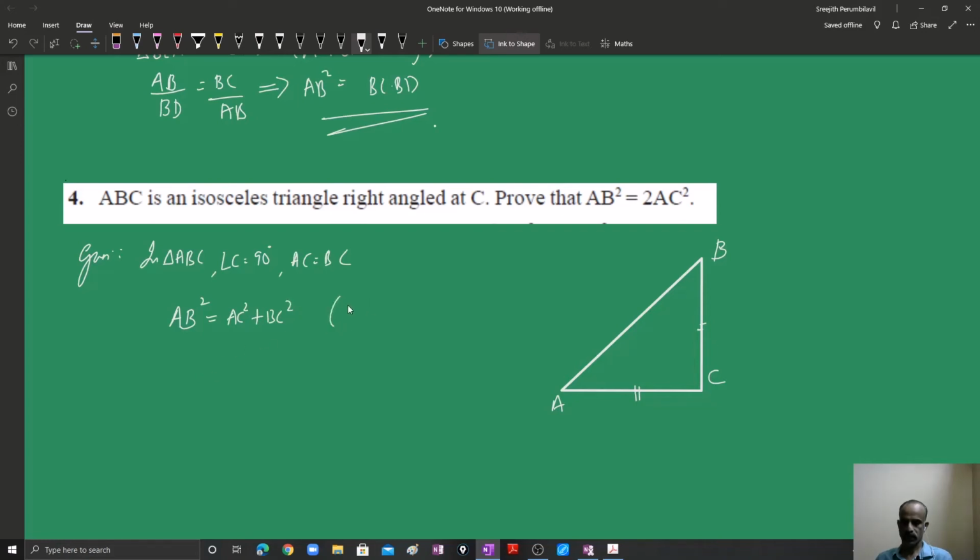But BC is same as AC, so this is AC square plus AC square, that is equal to 2 AC square. Why? Because it is given that BC is equal to AC.